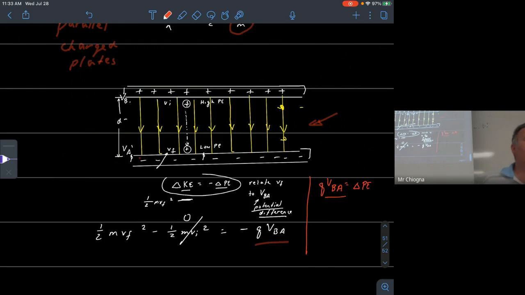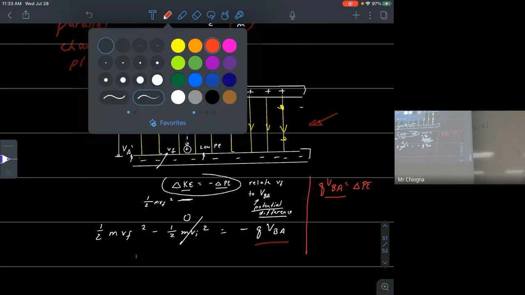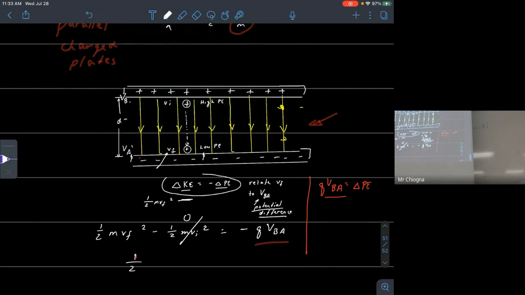It doesn't matter whether you're dealing with point charges or parallel plates. And this VBA is just VB minus VA, which you'll be given. You'll be given the electric potentials.